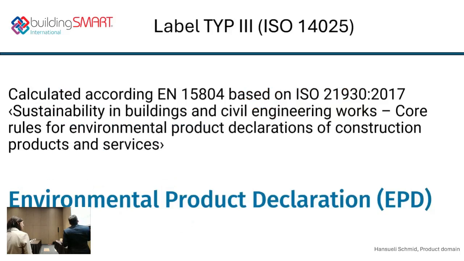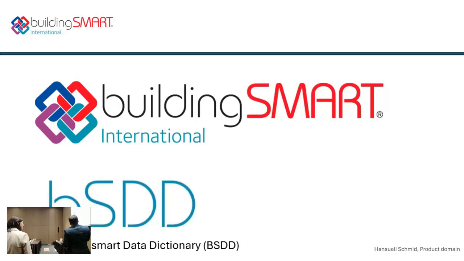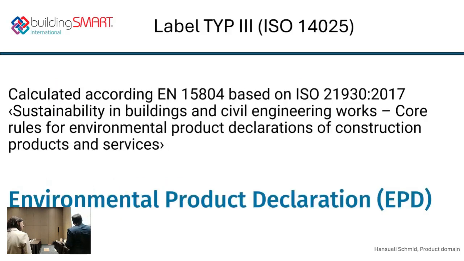As an example, we would now like to draw attention to the environmental product declaration. This is an important new part of the information we want to share. It is a type 3 environmental label.